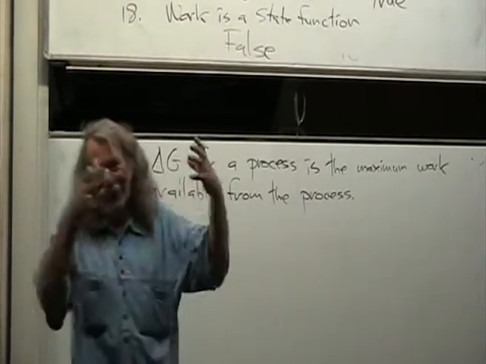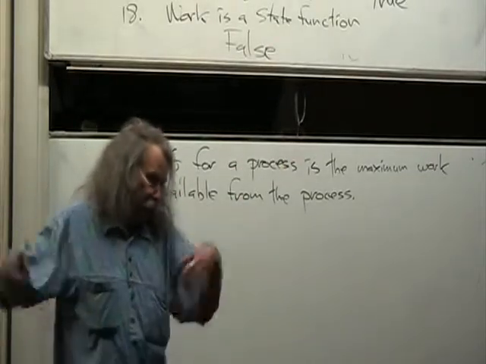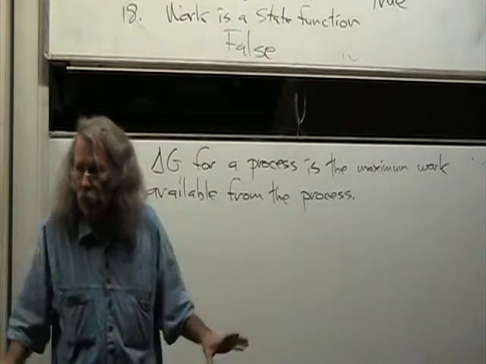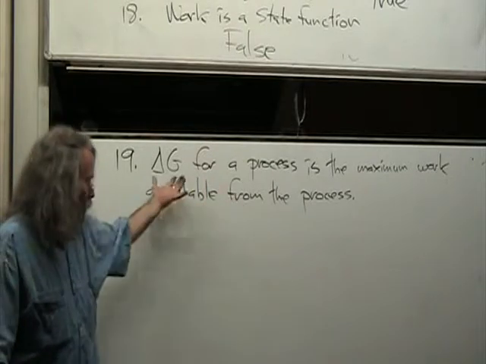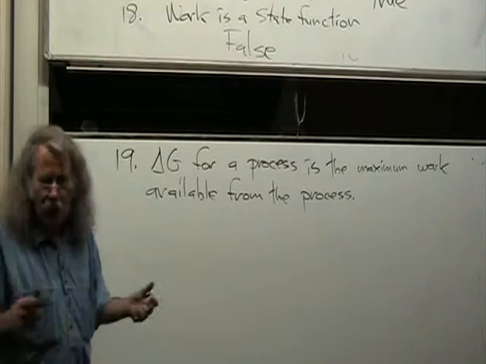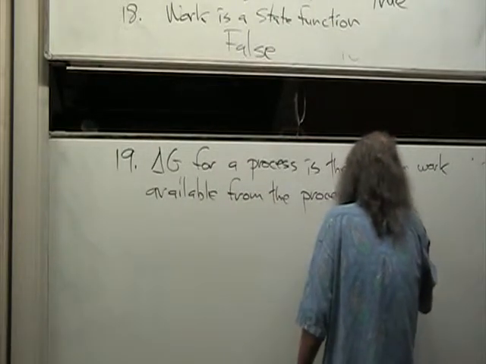And that led us to the Joule cycle, where we found Q and W are equal and opposite, and our goal all along was to find the maximum work. And that ultimately led us through the second law to the Gibbs free energy. The Gibbs free energy is the maximum work available for any process. So this is true.